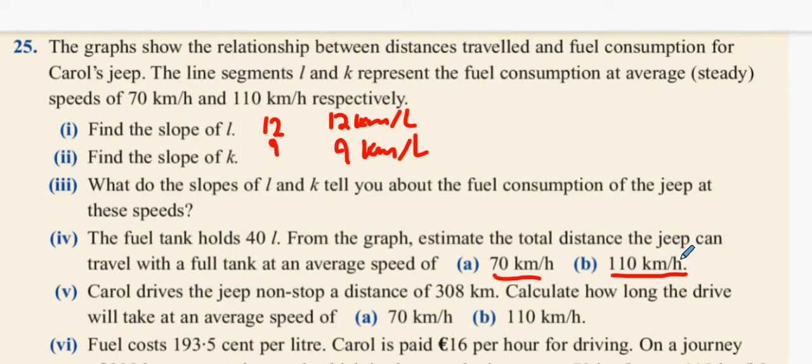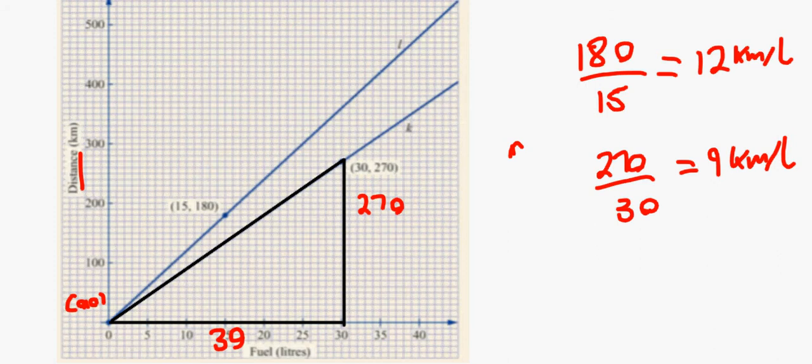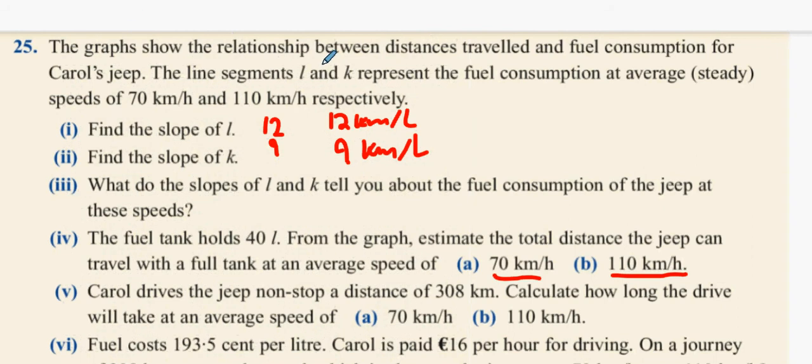Okay, L is the one that's at 70 kilometers an hour. K is the one that's at 110. Generally speaking, the faster you go, the less fuel you use. But in this case, would everybody agree that L is 70 kilometers an hour and K is 110 kilometers per hour?